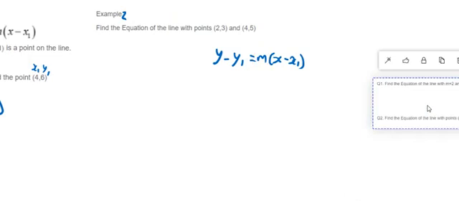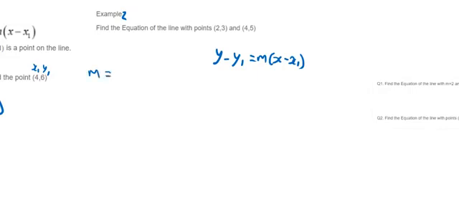However, you do have a formula also in your log tables to work out the slope. If you're not familiar with this formula, then go back and revise slope. The formula for slope is y2 minus y1 over x2 minus x1.